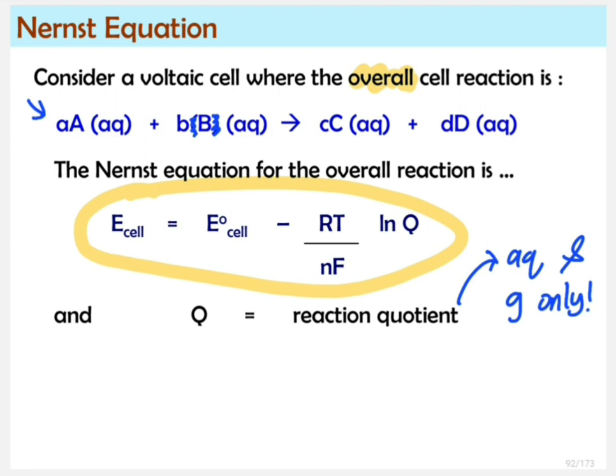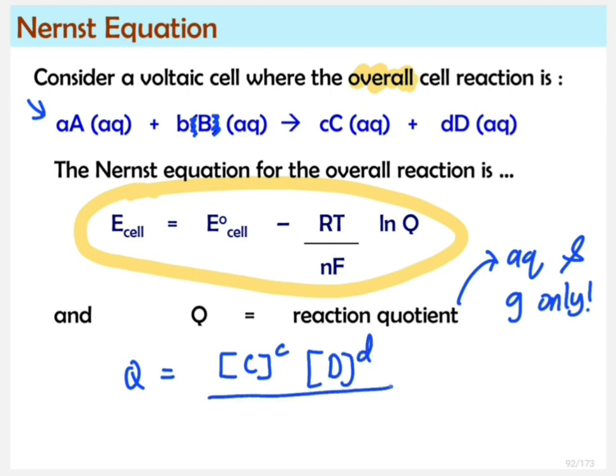So let's say ini equation overall kita, makanya Q equals to product: power of C, dia stoichiometry tu jadi power, times with D power of D, and then divide with reactant: A power of A times with B power of B. Jadi ini adalah reaction quotient. Jadi untuk dapatkan Q depends on overall cell reaction, meaning that you have to know the overall cell reaction first and then baru boleh tulis Q.